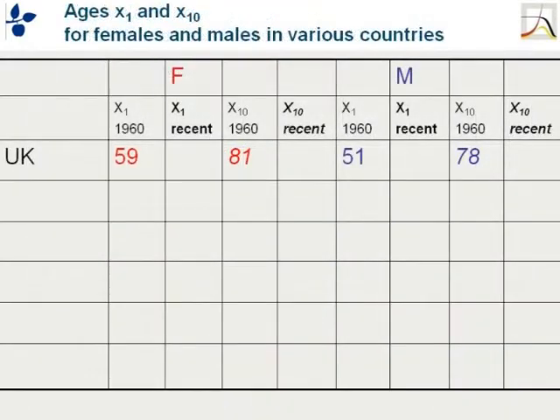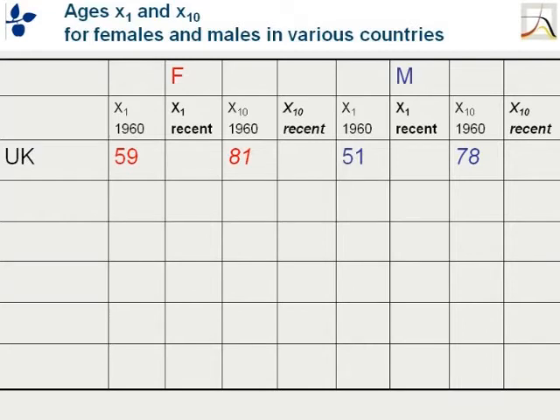Now, here we have mortality as a measure of equivalent age, looking at 2 mortality statistics, namely X1, the age at which your chance of death is 1%, and X10, the age at which your chance of death is 10%. And this is for the UK, females and males, 1960, X1 and X10.